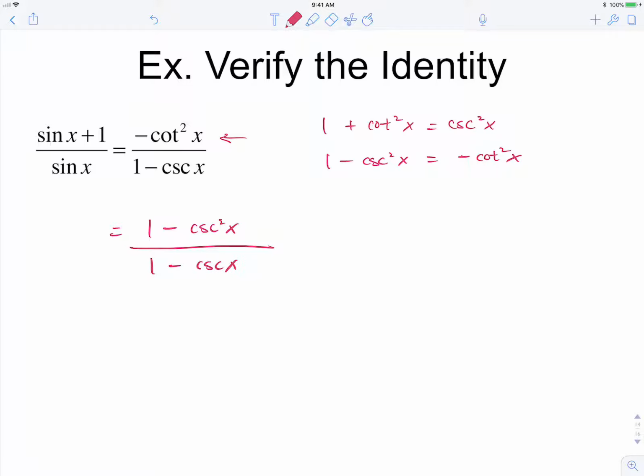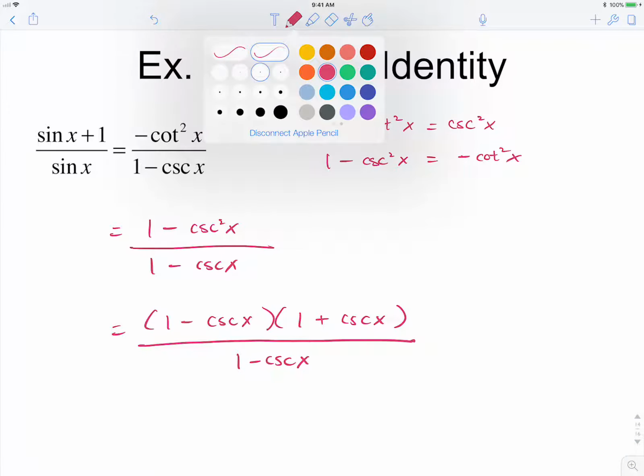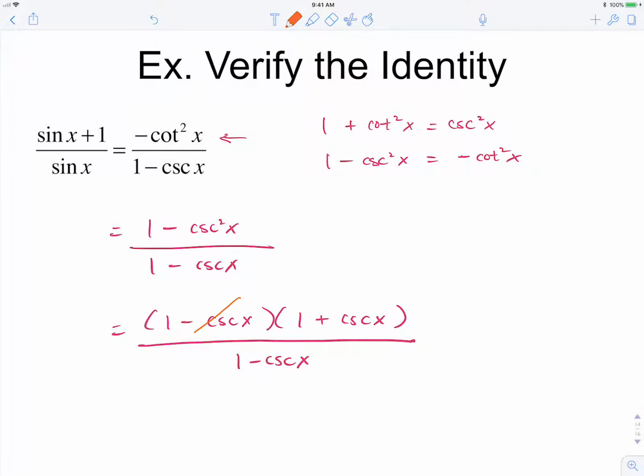Then if we recognize that the numerator is actually a difference of two squares that can factor, just like any difference of two squares, okay? Now we can see 1 minus cosecant will cancel 1 minus cosecant.